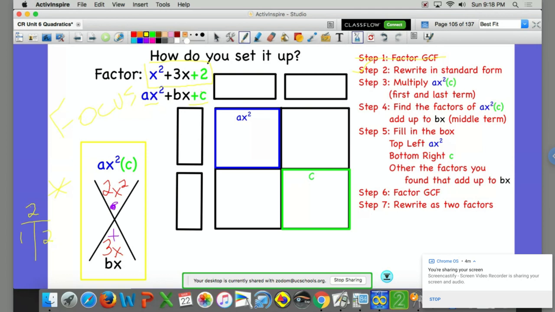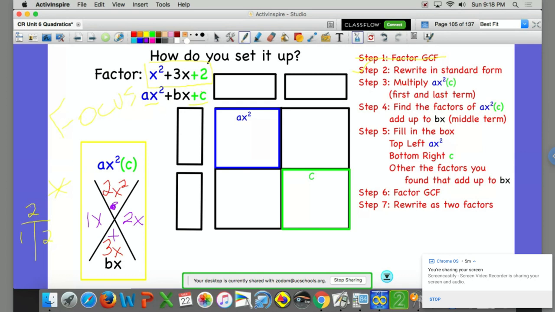And so 1 and 2 will multiply to give me 2, and 1 and 2 will add to give me 3. So therefore, our factors are going to be 1x and 2x. So for today, that is all we're going to do.